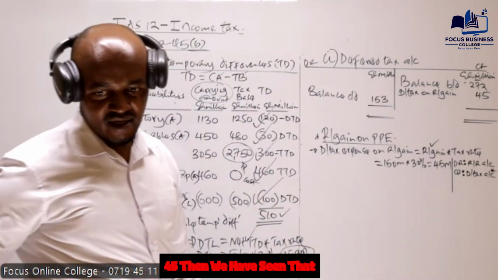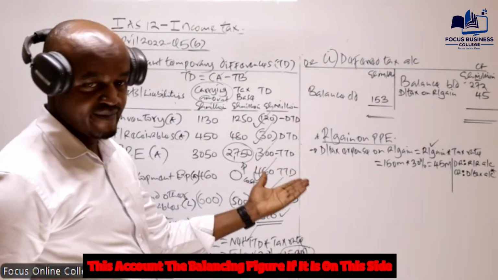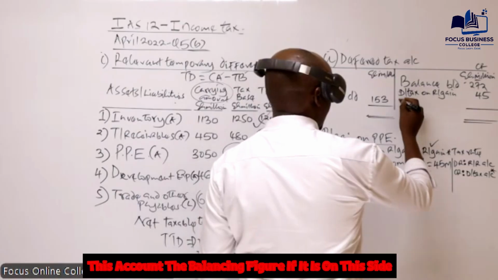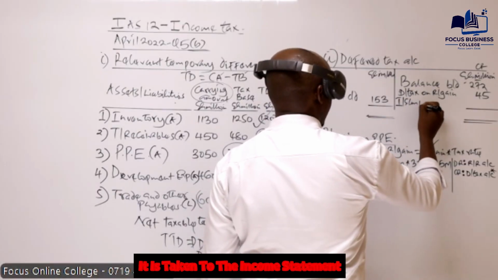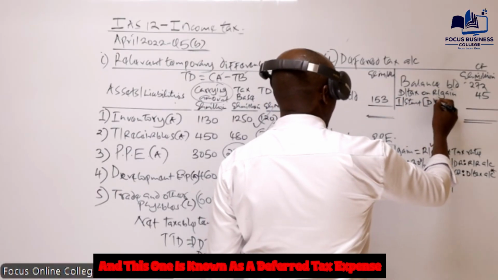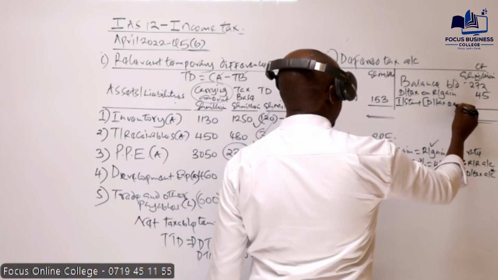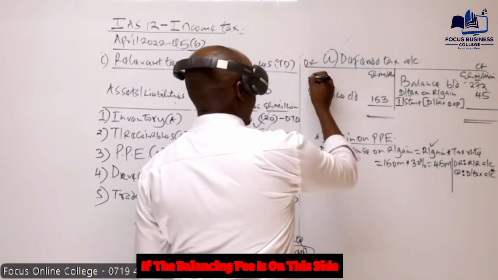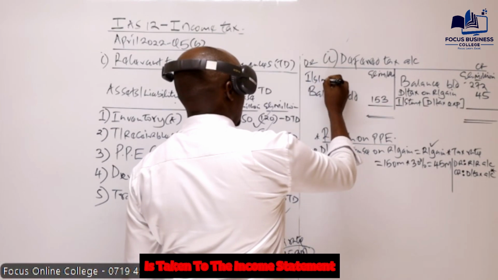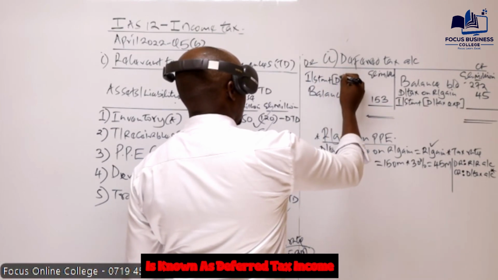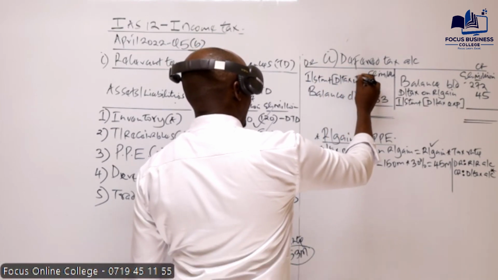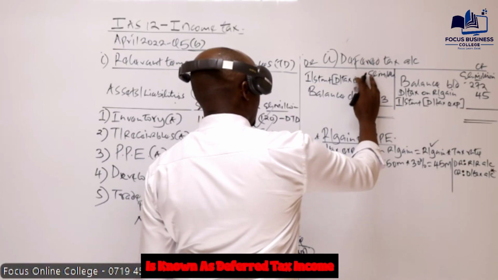Then the next thing we do is to balance this account. If the balancing figure is on this side, it is taken to the income statement and is known as deferred tax expense. If the balancing figure is on this side, it is taken to the income statement and is known as deferred tax income.